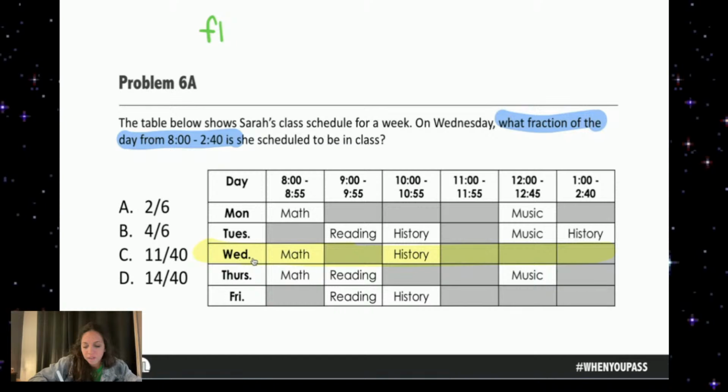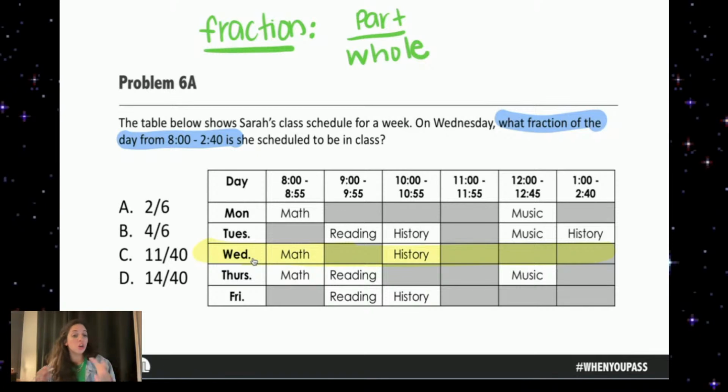Let's remember that a fraction is just a part over a whole. That's it. Now, the whole could be a candy bar. The whole could be a day. But the whole in this case is this part of the day.